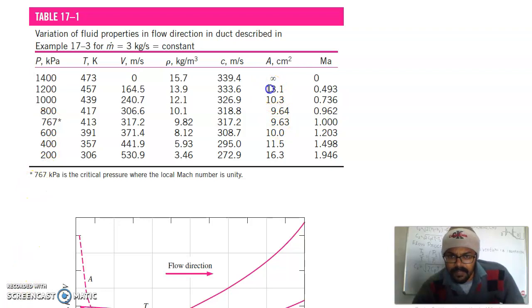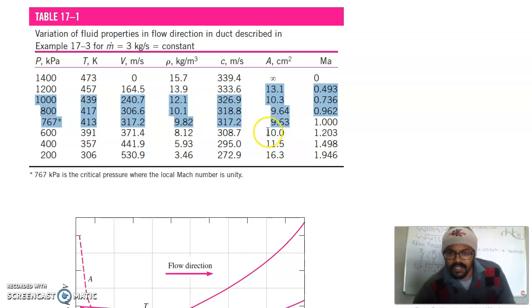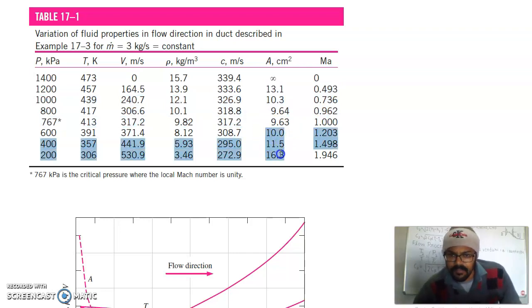You can see the area is continuously decreasing up to 767. The place where the area of the duct is minimum is called the throat, and beyond this the area is further increasing. That's why this nozzle is called a converging and diverging nozzle, because first the area is decreasing, it's converging, then it's diverging.